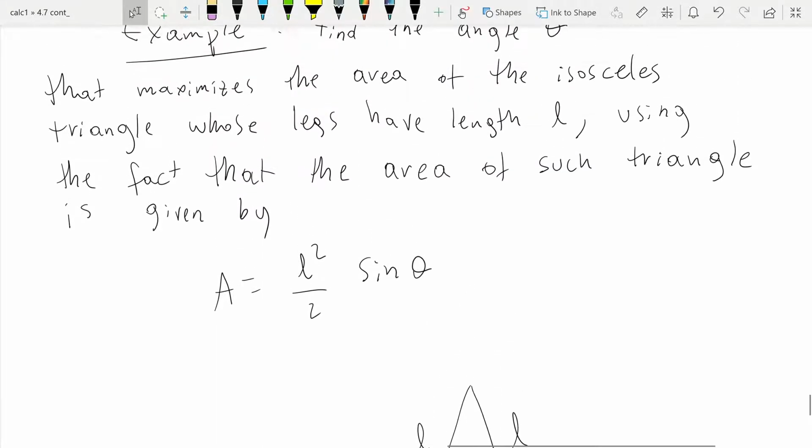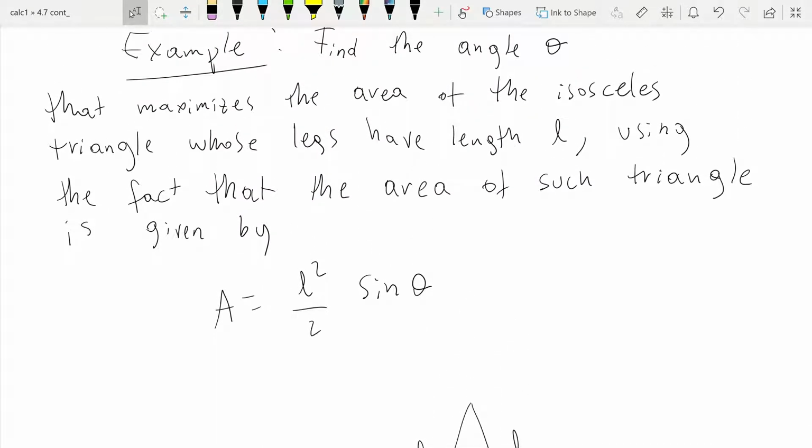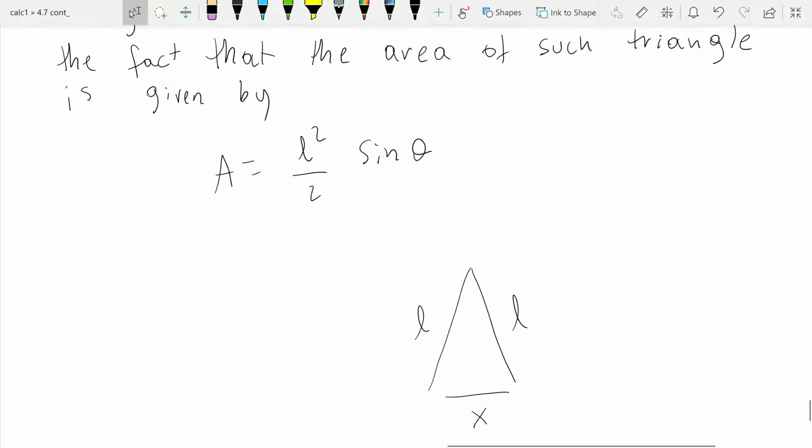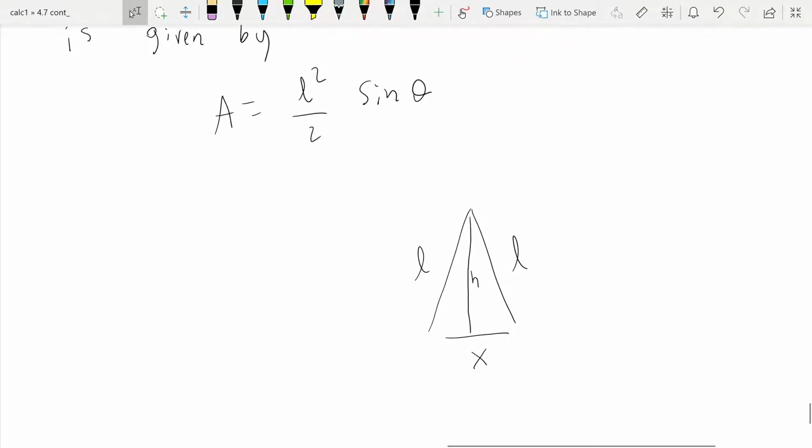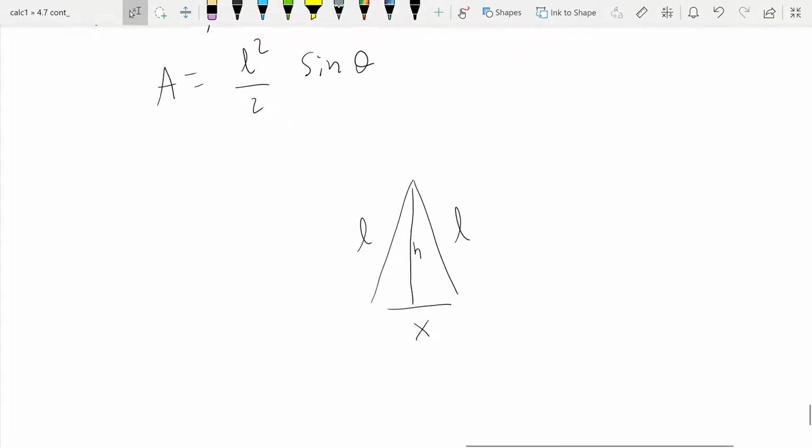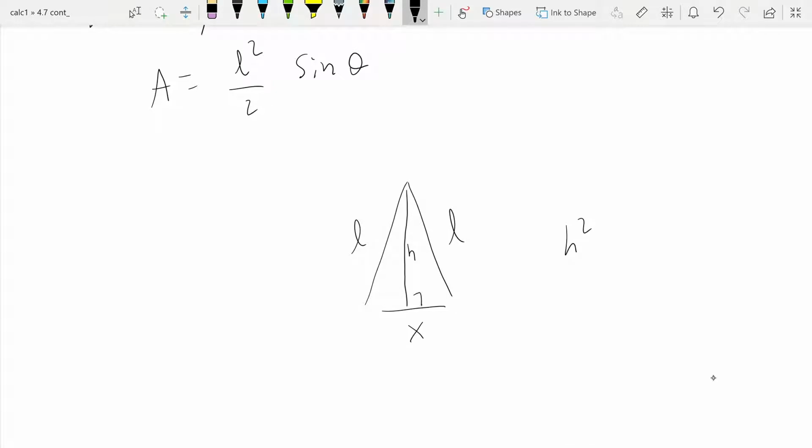Well, once you write the area in terms of this variable, you also need to introduce h, right? And you have to find a relationship between the two, which is that h squared plus x squared over 4 will have to be equal to L squared.